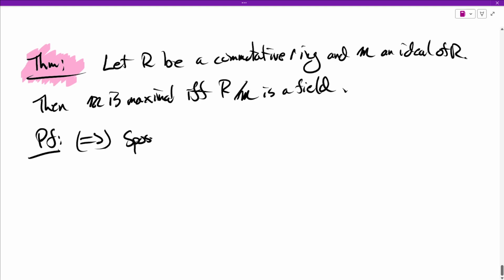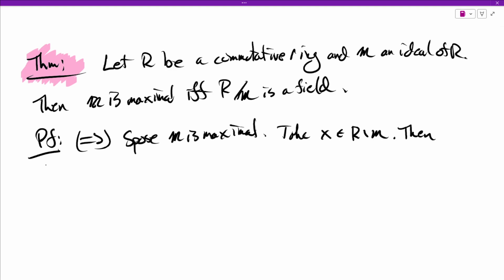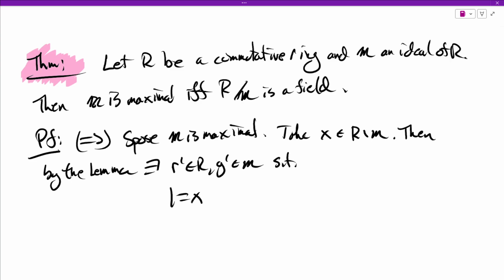Let's suppose M is maximal, and let's take some x in R minus M. Then by the lemma that we proved in the previous video, there exist r' in R and y' in M such that 1 is xr' plus y'.